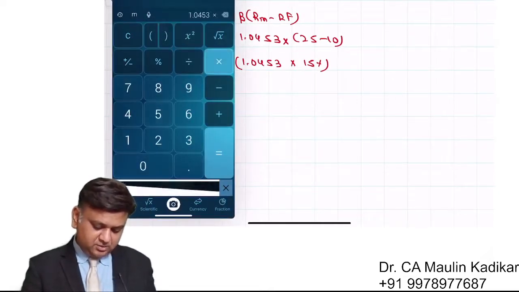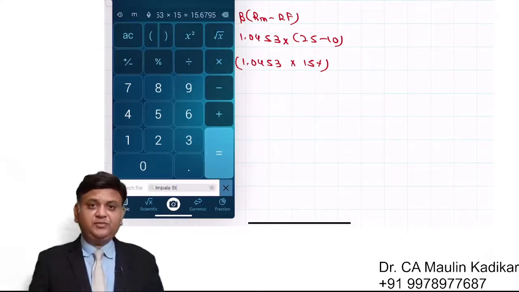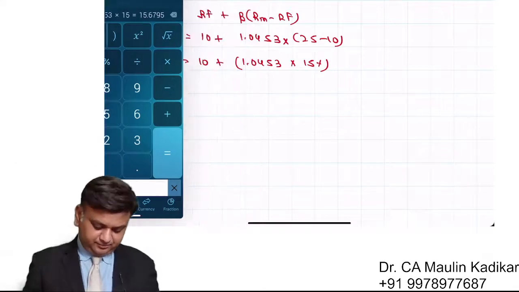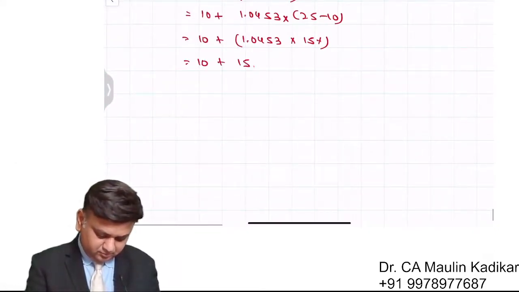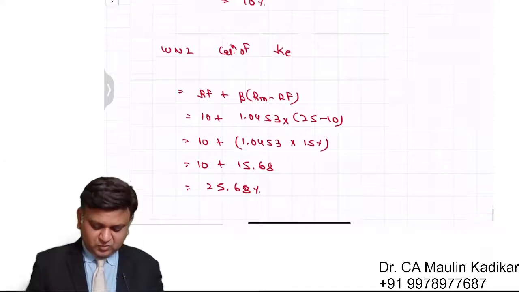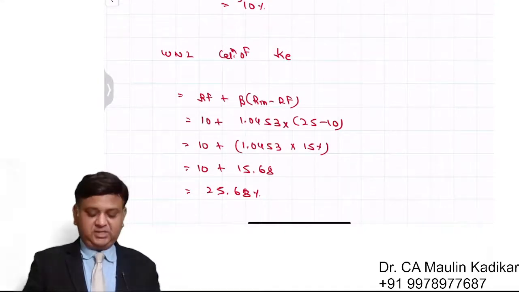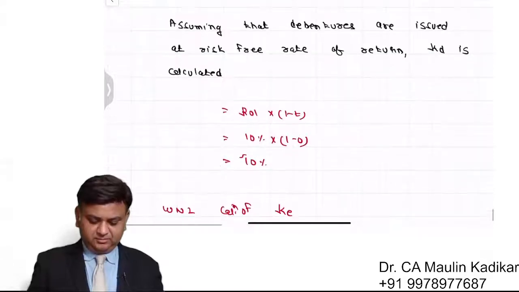That comes to 15.68. So it comes to 25.68. That is the way the KE is calculated.